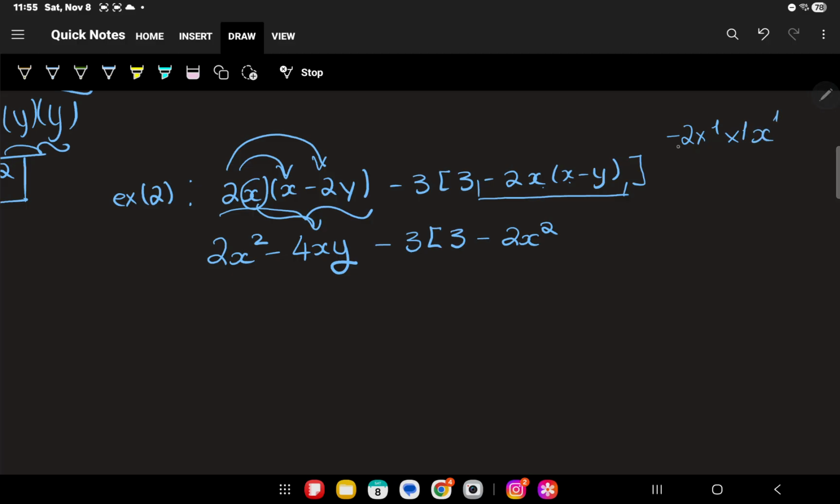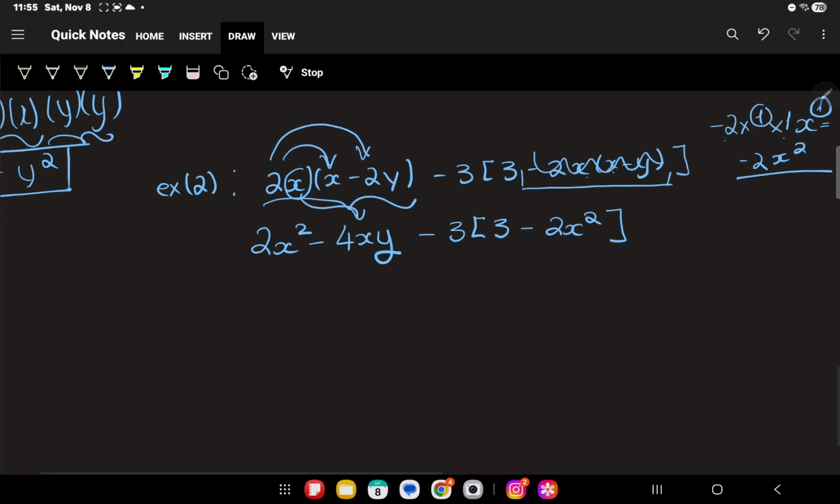Negative 2 times 1 is negative 2. You just multiply the coefficients, then 1 plus 1 is 2. Alright, so you got rid of that bracket. We got rid of this whole bracket here.